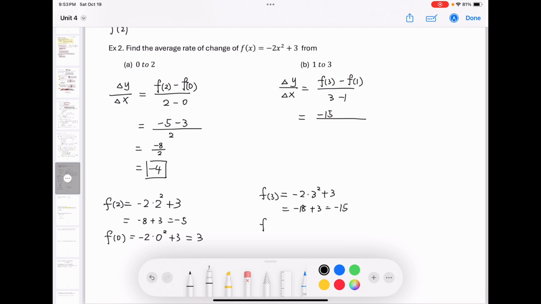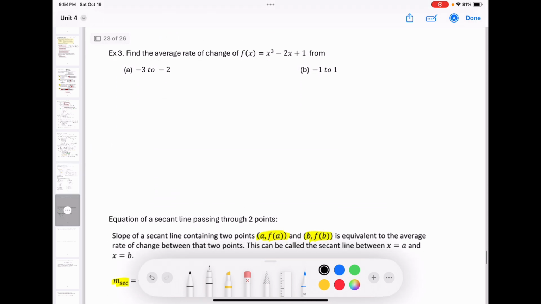How about f of 1? f of 1 is -2 times 1 squared plus 3, which is 1. So -15 minus 1 on top, divided by 2. On the top we have -16 divided by 2. So the average rate of change is -8.